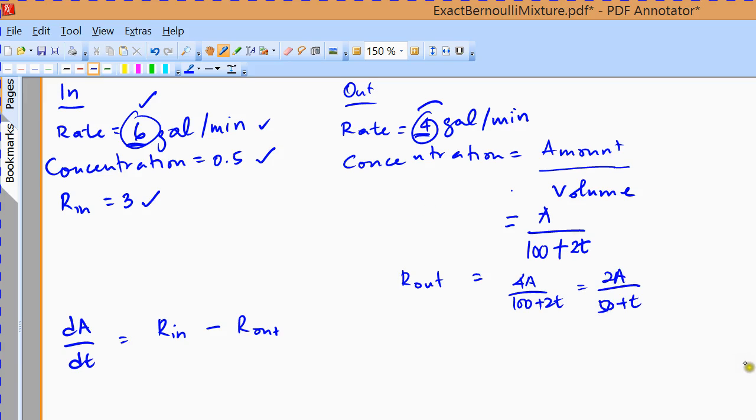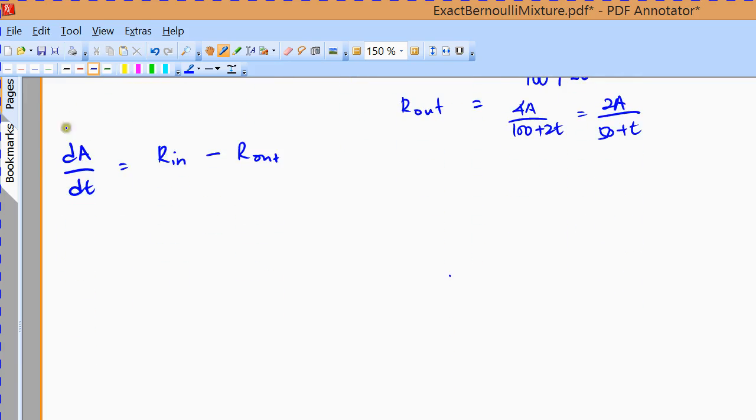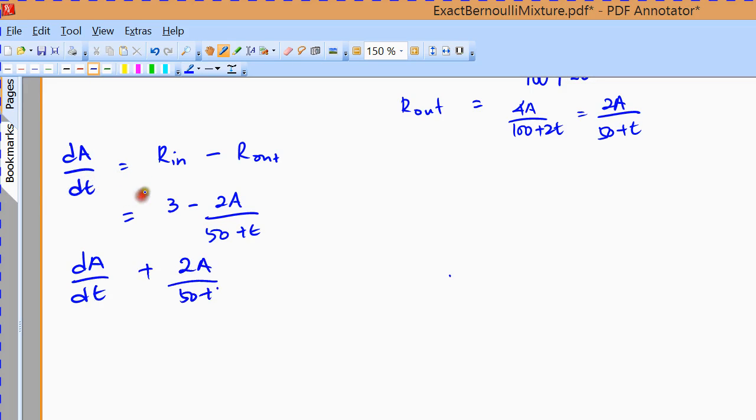Next, the differential equation for the mixture problem is dA/dt equals R_in minus R_out. So we write this down and rearrange, and we get dA/dt plus 2A over 50 plus t equals 3. Now this equation is linear.